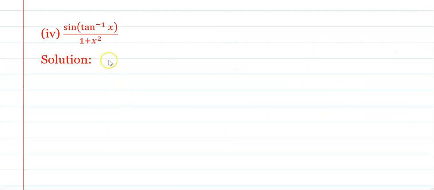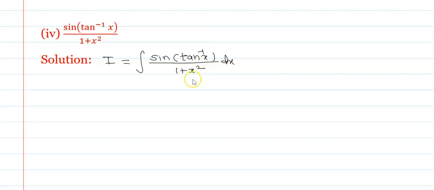Now the next example, first we'll write I is equal to the integral of sine of tan inverse of x upon 1 plus x square into dx. If we observe this integrand, here the tan inverse of x and its derivative is 1 upon 1 plus x square.